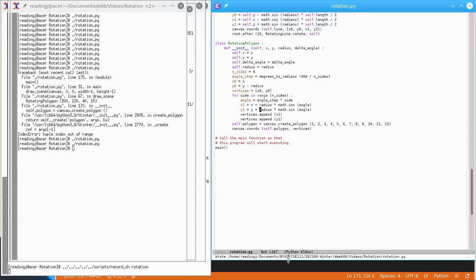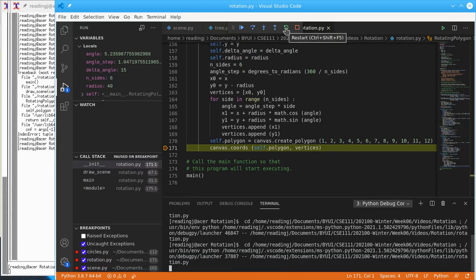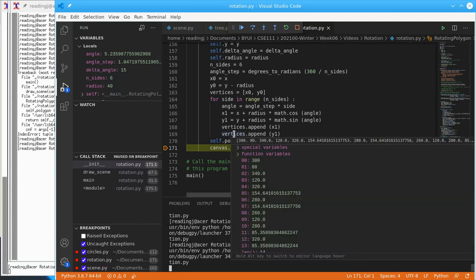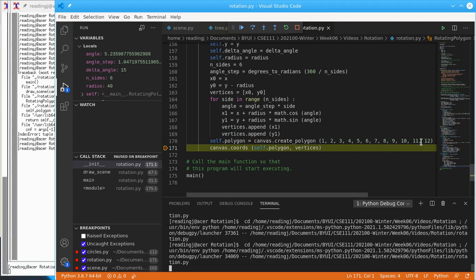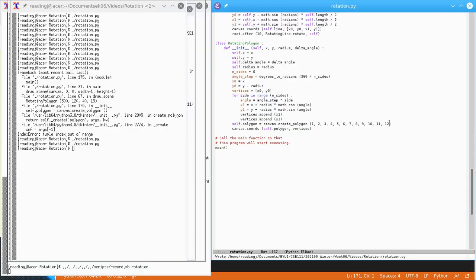Okay, so it has the right number of vertices. Vertices is 0 to 13. Okay, so I'm closing it myself, which I potentially shouldn't do, but let's add on 2 more there. Let's see what that does.